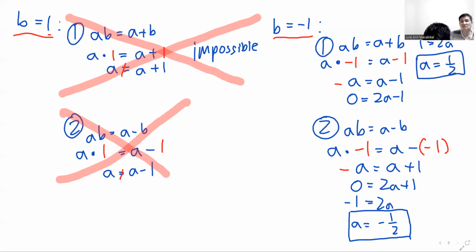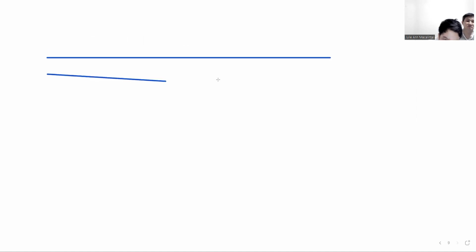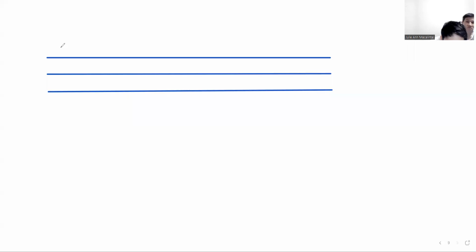So maybe to make it a little clearer, let's summarize so we can see the solutions clearly instead of just stating them where they are on the tables. We make a short table. So when A is equal to 1/2 and then B is equal to negative 1.